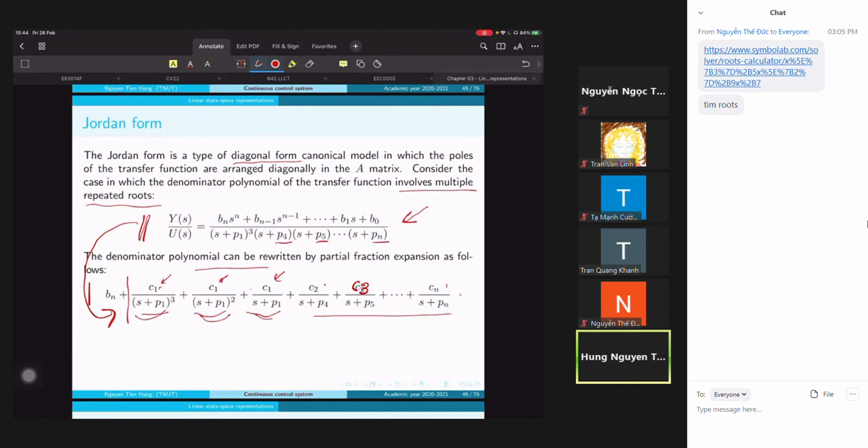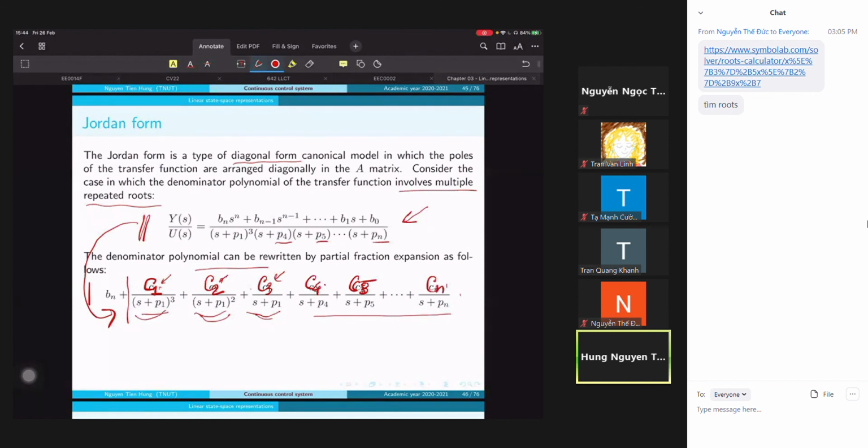So I think that in this form I should change this like this, because I got wrong answers in my case. This should be C1, this should be C2, this should be C3, C4, C5, up to Cn.